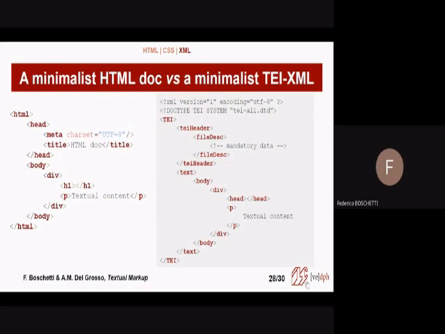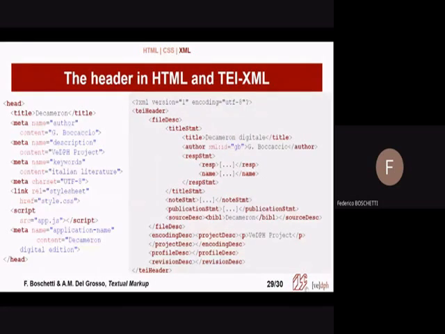So here you see the header in detail. For example, here in the head, in this HTML document, we have more or less the same information that you have in the TEI document, but represented in a different way.